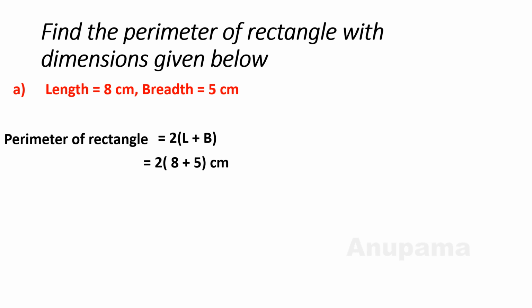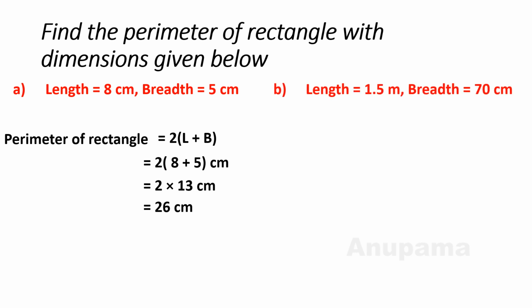So here is 2 in bracket 8 plus 5, and the unit is centimeter. And it is 2 multiply 13 because 8 plus 5 is 13. Now 13 twos are 26. So that's why it is 26 centimeter.